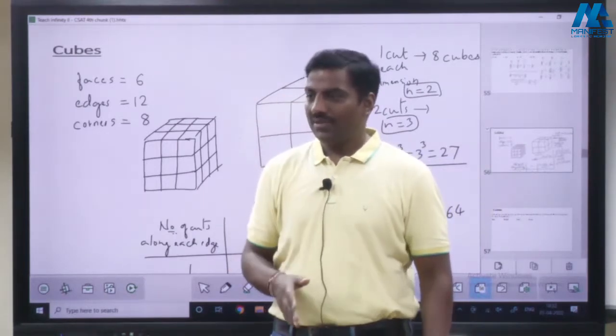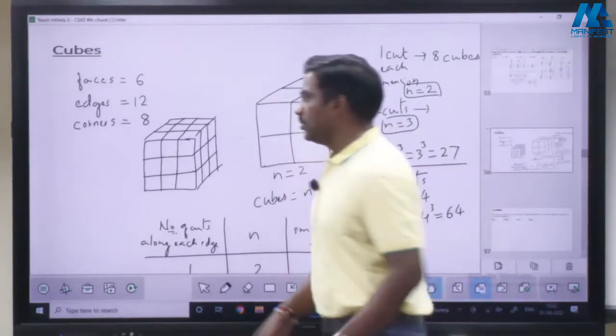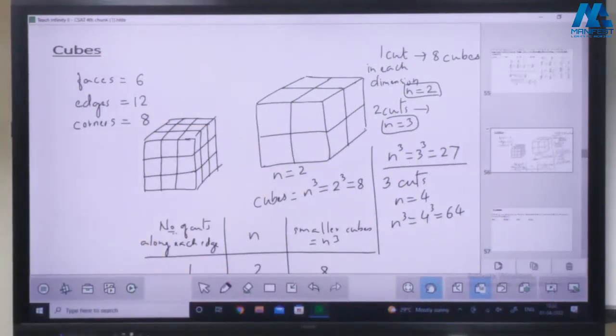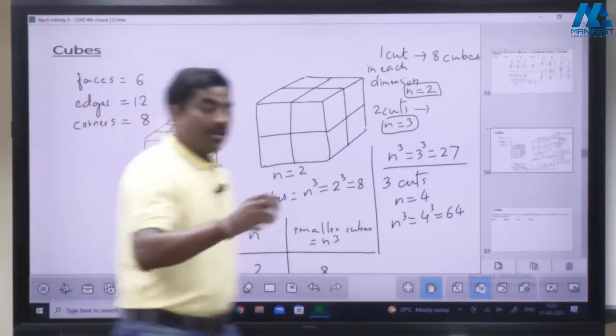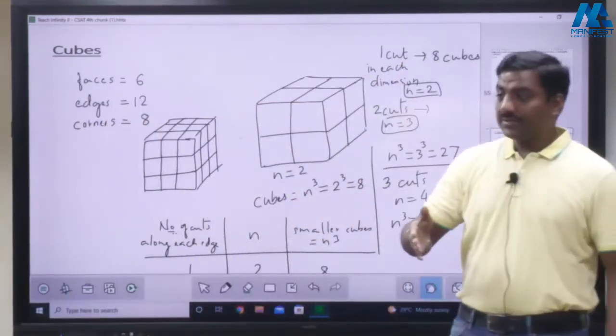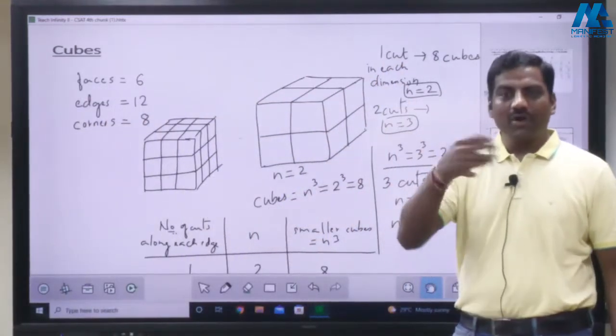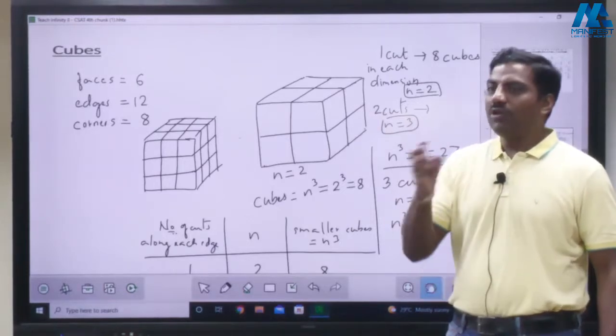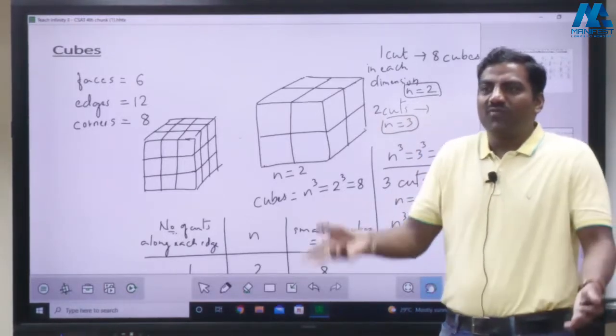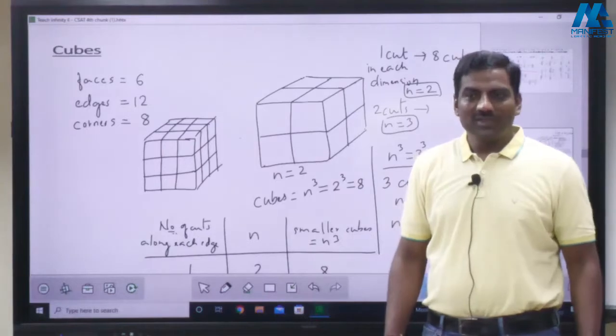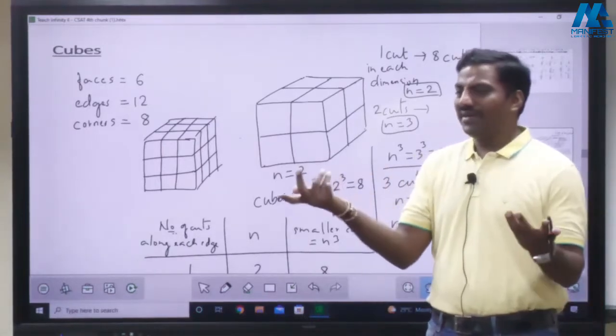If they cut, then we get smaller objects, no? When we cut first, we'll get smaller objects. Then you have to paint everything, right? When you paint all the smaller cubes, there is no fun. Every cube is painted.